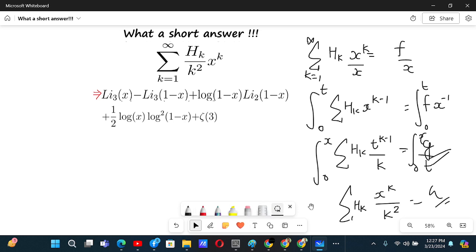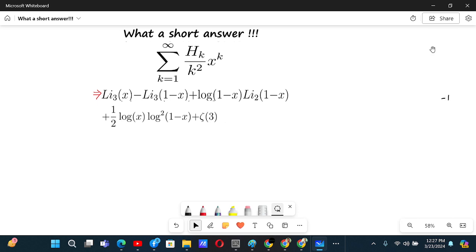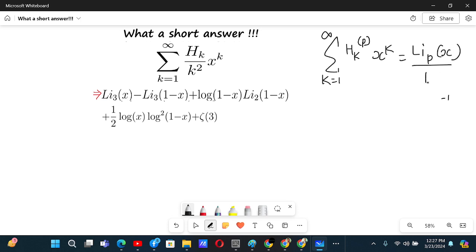And now let me share the generating function of the normal harmonic number that I mentioned in the first place. The generating function for the harmonic number with superscript p is equal to Li_p of x by 1 minus x.